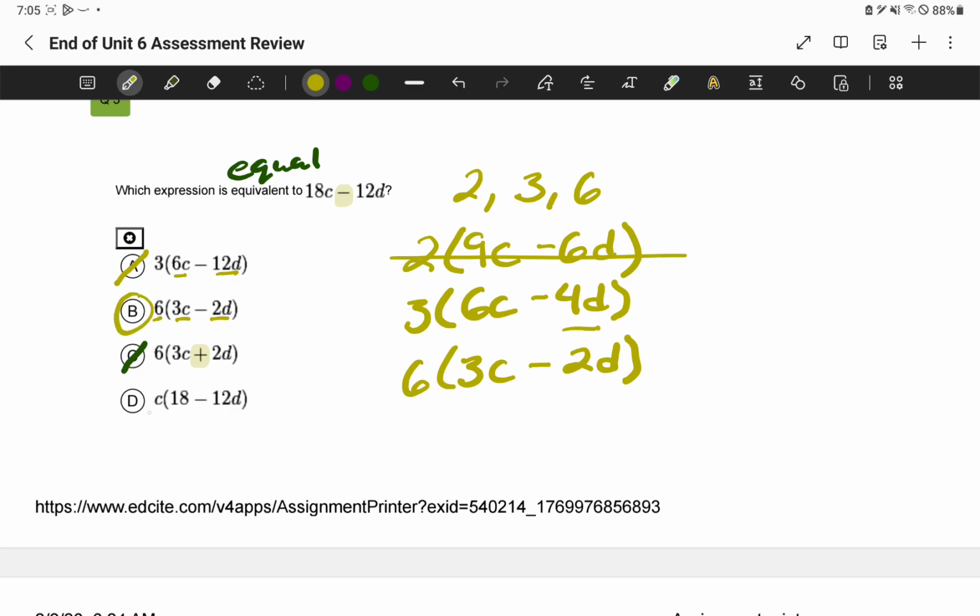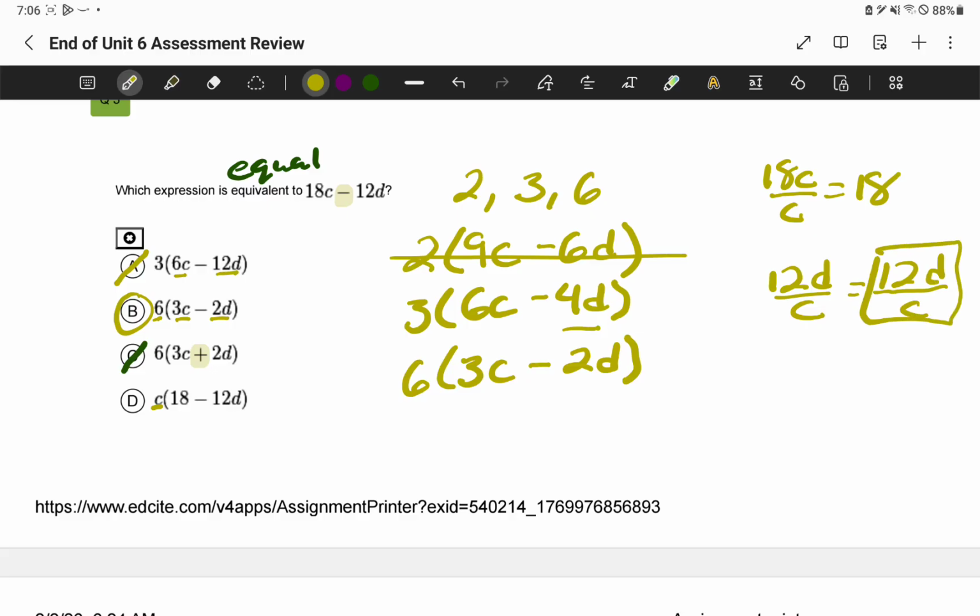Now, the reason it can't be D, I can divide by C, and so 18C divided by C is 18. However, 12D divided by C is 12D divided by C. And so, since that just says 12D, it can't be that answer.